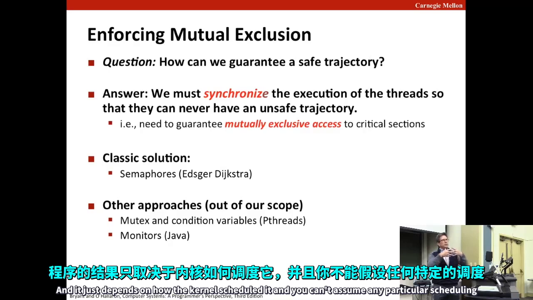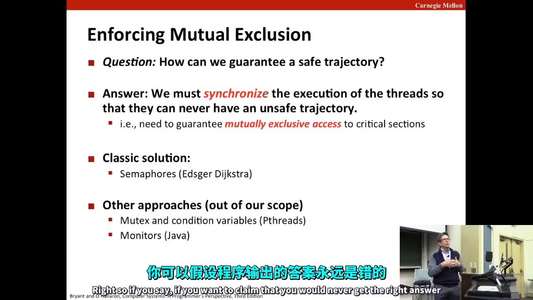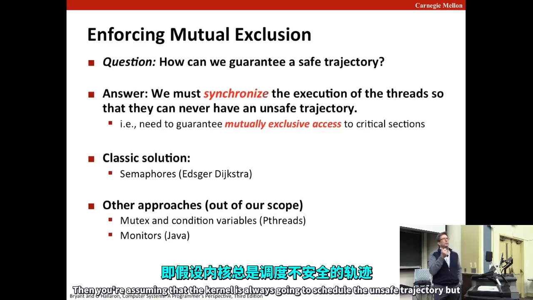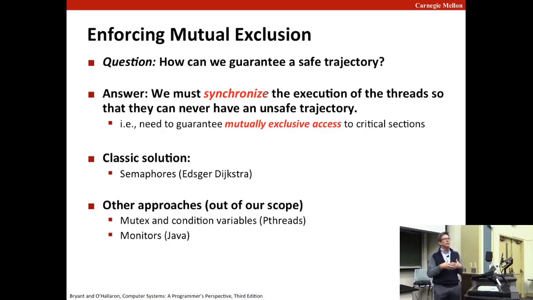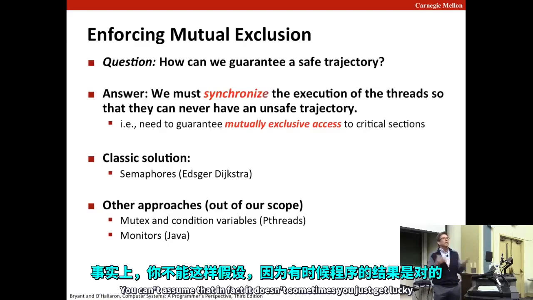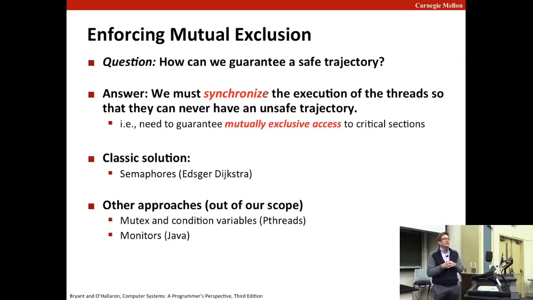It just depends on how the kernel scheduled it, and you can't assume any particular scheduling. If you want to claim that you would never get the right answer, then you're assuming that the kernel's always going to schedule the unsafe trajectory, but you can't assume that. And in fact, it doesn't. Sometimes you just get lucky.